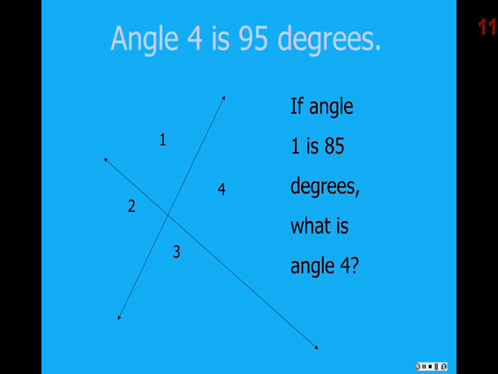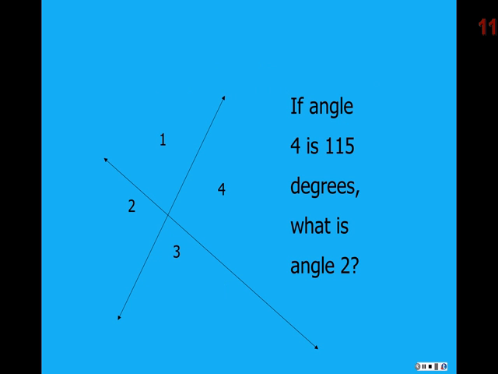Okay, let's do it. All right, if angle 4 is 115 degrees, what's angle 2? What's the relationship between 4 and 2? What does that mean? 65? What's the relationship?